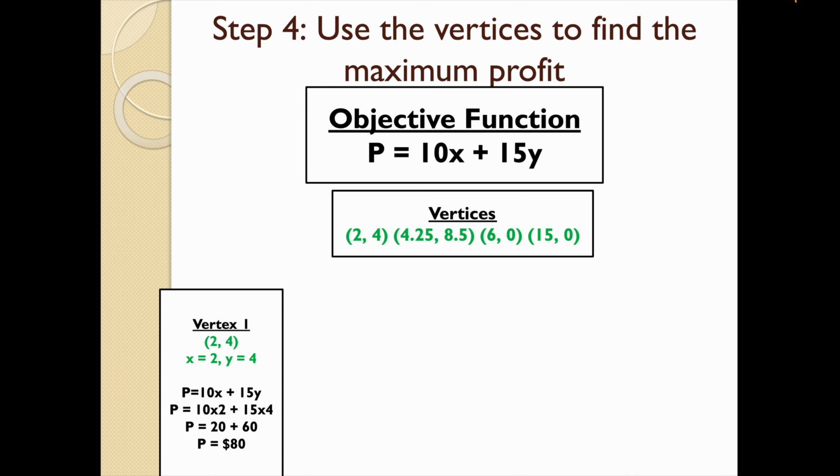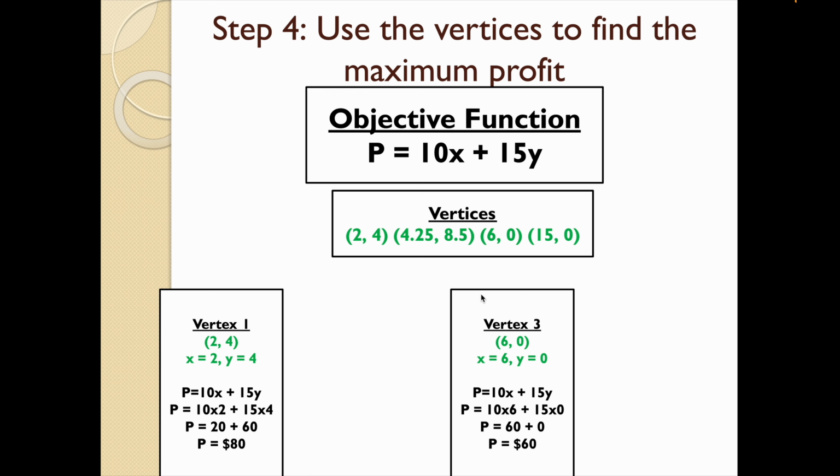Alright, so let's look at this here now. The next one we could try is vertex 3, which says x is 6 and y is 0. So we put that in the formula, 10x plus 15y, which is the objective function. There are cases where they might ask you for the minimum cost, but in this case we're looking for the maximum profit.